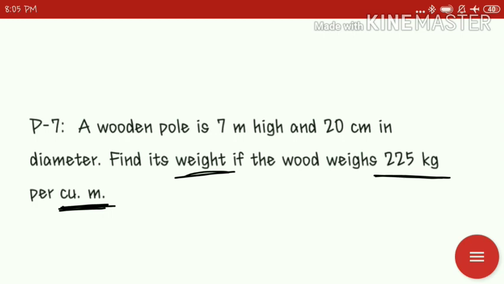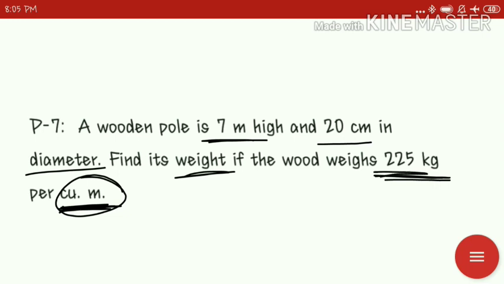And if you are not able to get the understanding about these things, then you can go by the unit as it is given as cubic meter. That means we need to find out the volume. Already you can see that height is given and the diameter is given. You can easily find out the radius and the volume accordingly, and then multiplying it by the 225 kilogram, you can find out the total weight of the pole. Okay, so try it by yourself and then come to my solution.